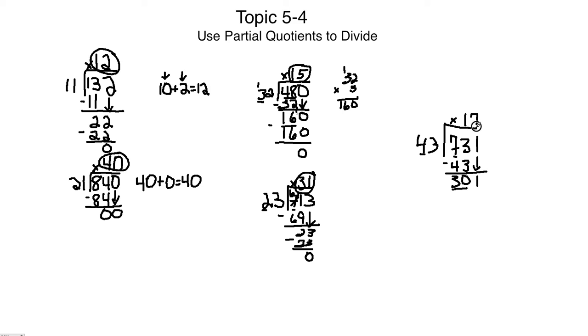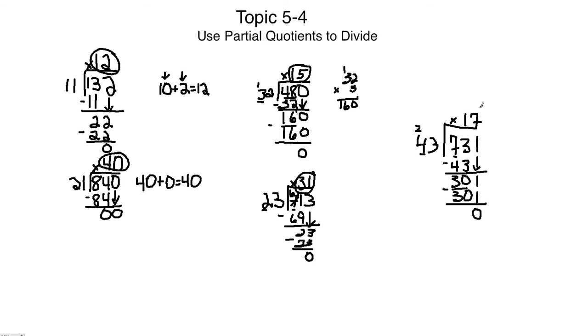So it'd have to be 7. 7 times 3 is 21. Carry the 2. 7 times 4 is 28, 29, 30. We subtract. 301 minus 301 is 0.